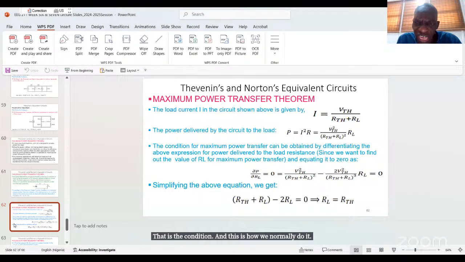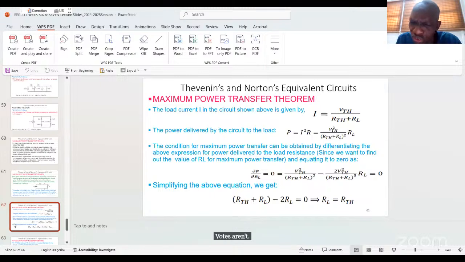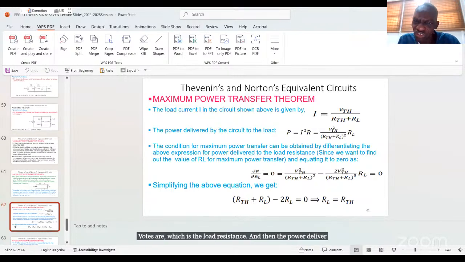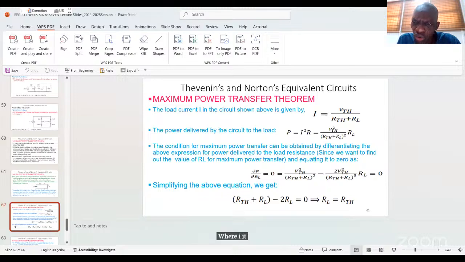The load current I equals VTH, which is Thevenin voltage, over RTH, Thevenin resistance, plus RL, which is the load resistance. And then the power delivered to this load is P equals I squared R. You know this very well. Where I is already VTH over RTH plus RL.